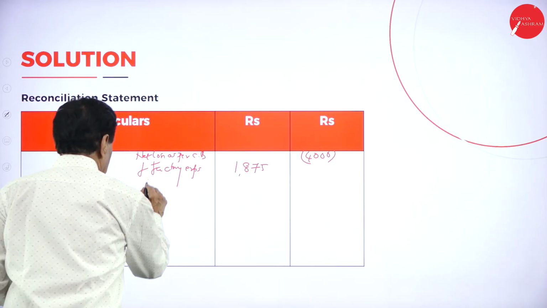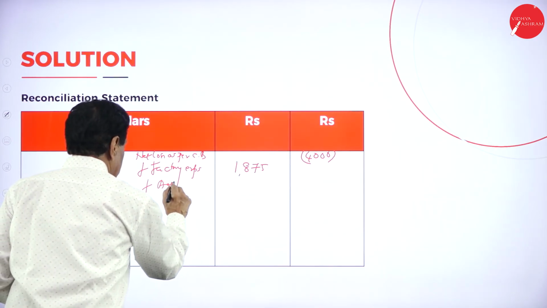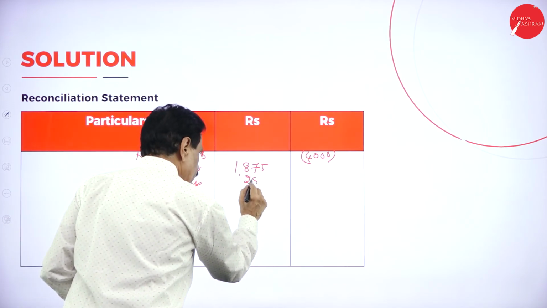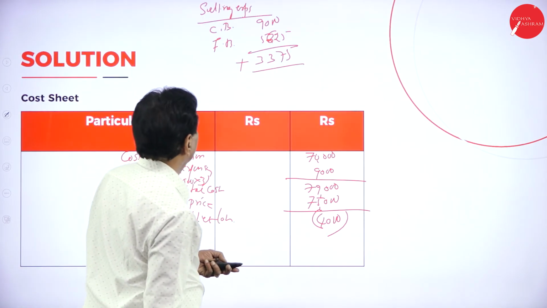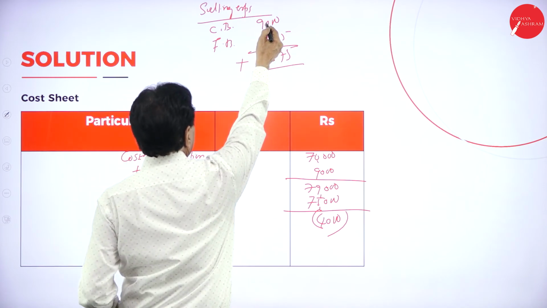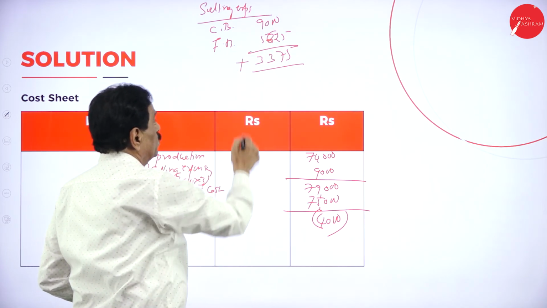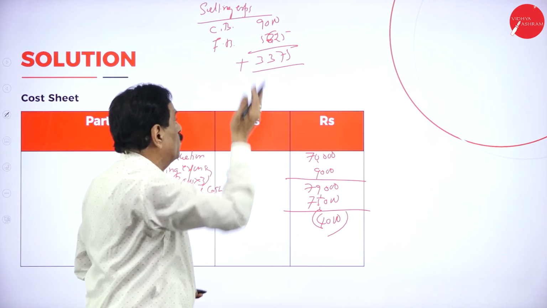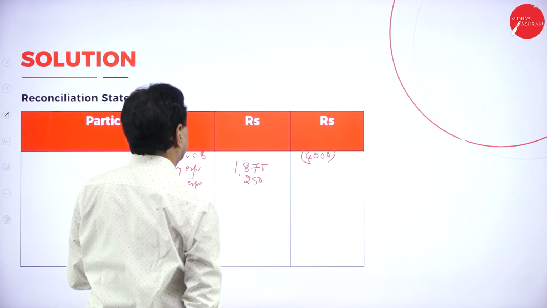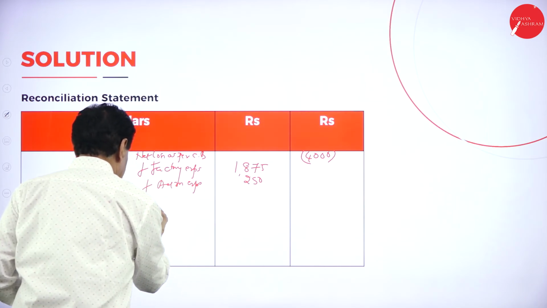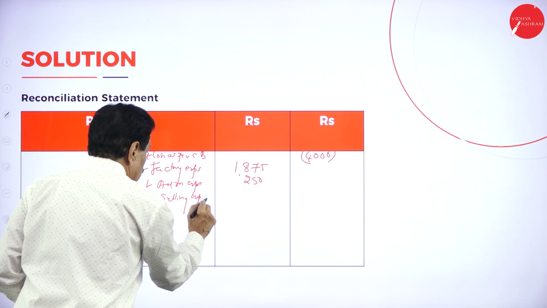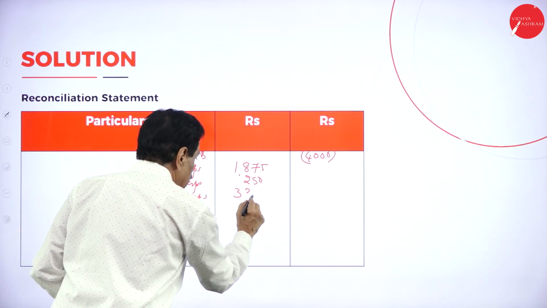Add back administration expenses 250. Regarding selling expenses, cost book charges more, less profit, to the extent of 3,375. Selling expenses 3,375.